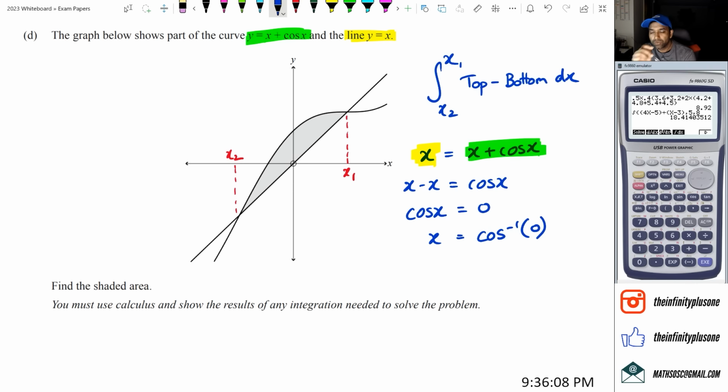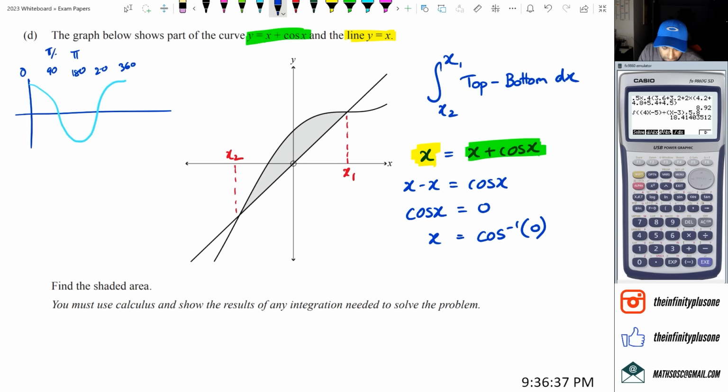What's really good for you to know is you don't want to be working with decimal points here. If you think about a cos graph, where this is 0, this is 90, 180, 270, and then 360, ideally you want to be working with pi. So this is pi, and this is pi over 2.